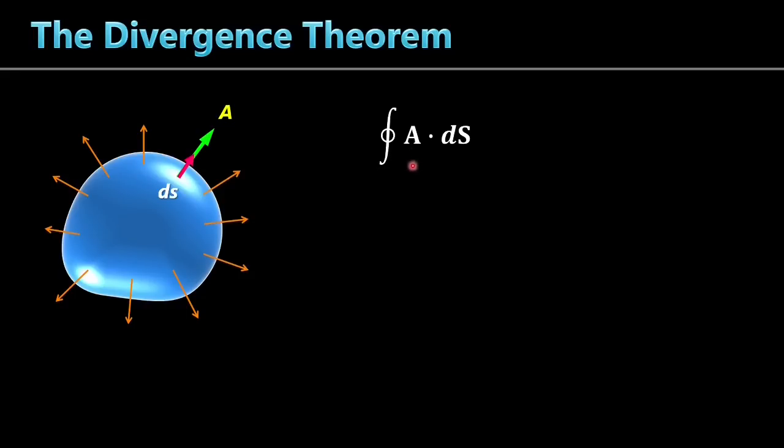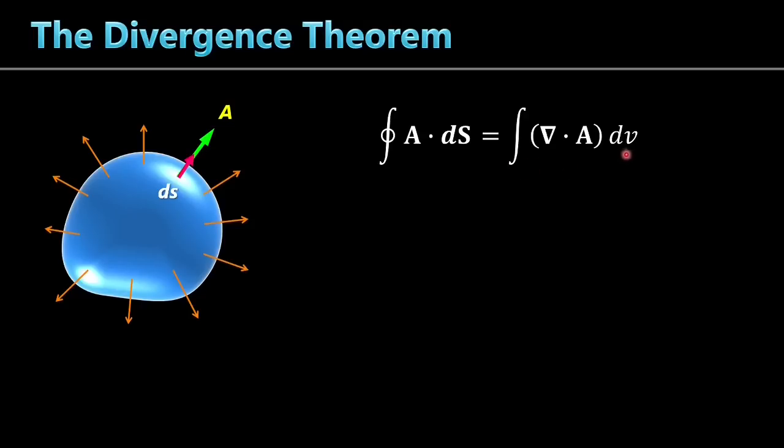Now, what does the divergence theorem tell us? The divergence theorem tells us that this flux is equal to the divergence of the vector na inintegrate dun sa volume na nasa loob ng closed surface. Ulitin ko ha. Okay, the divergence theorem tells us that this flux, which is the surface integral of a vector, is also equal to the volume integral of the divergence of A. So here, we have a volume integral, ano?